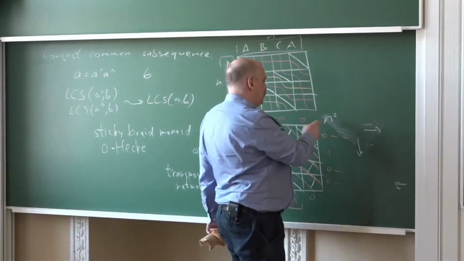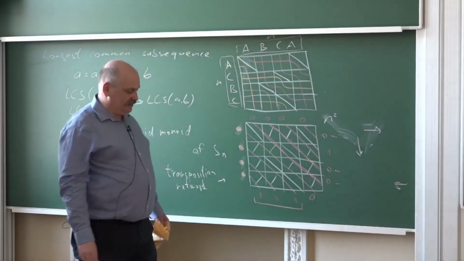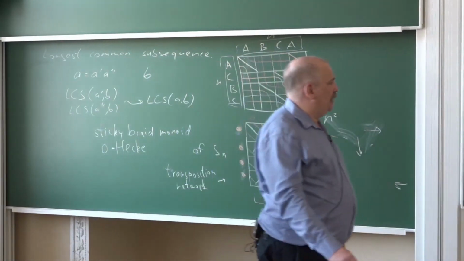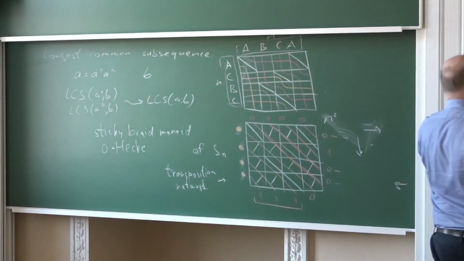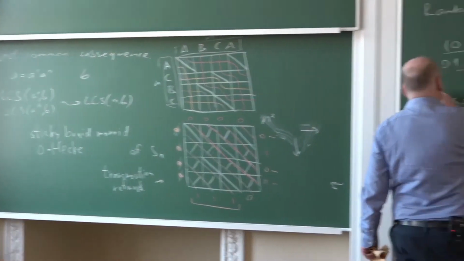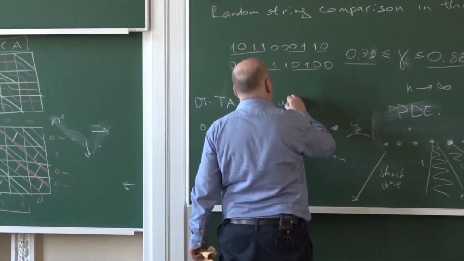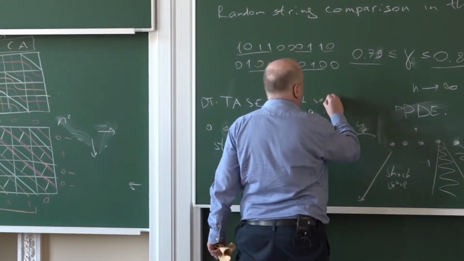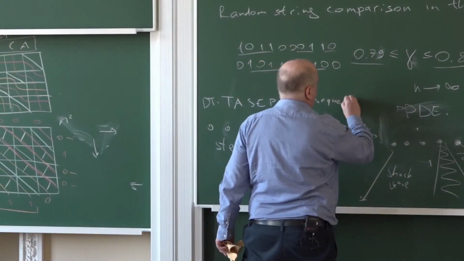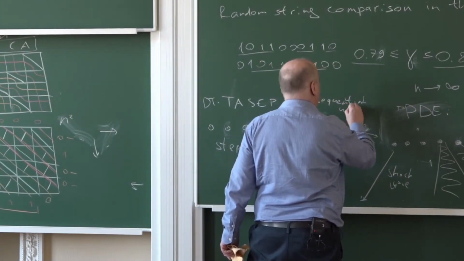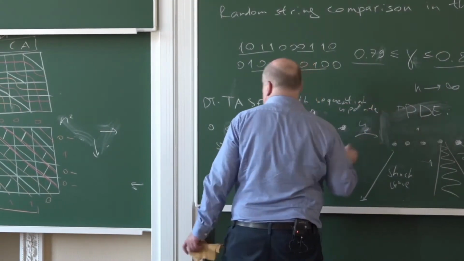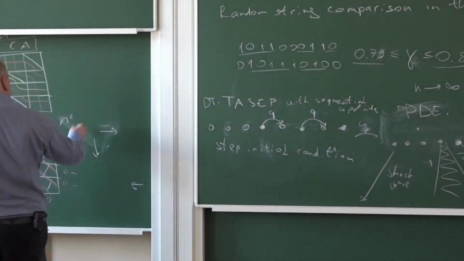And if we have n squared mutually independent random bits, then this is precisely the T-sep, the discrete time T-sep with sequential update. And it's extremely simple to analyze because we have a comparison here.